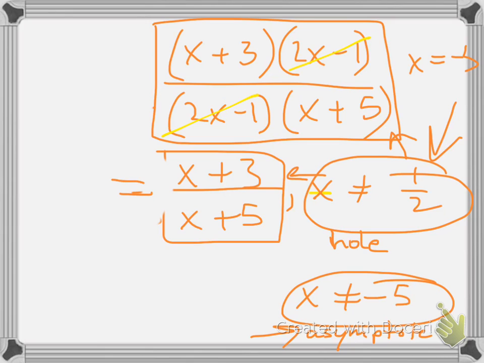We cannot fix the function at that point. It's infinitely broken. Okay? So that's some deep function analysis that I just gave you. But it's kind of an explanation of why I want you to be able to differentiate between those two types of bad spots. They're both bad spots, right? 1/2 is very bad because it gives you 0 in the denominator. Negative 5 is bad because it gives you 0 in the denominator. But they're different kinds of bad.